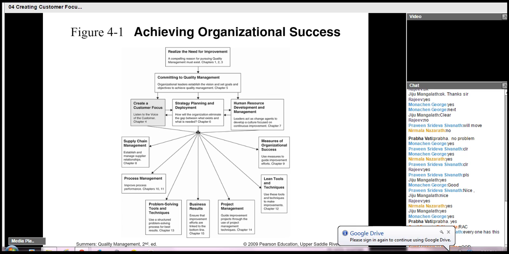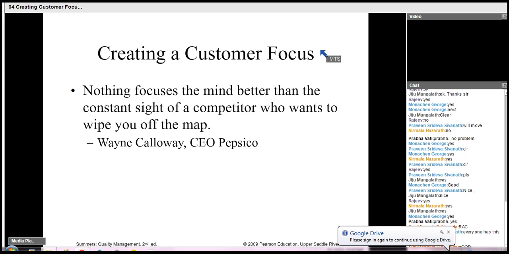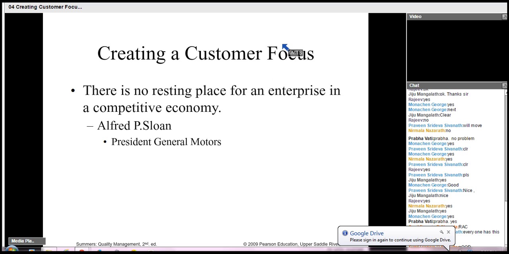Just moving ahead. The picture is very small. So creating a customer focus. Nothing focuses the mind better than the constant sight of a competitor who wants to wipe you off the map. Then there is no resting place for an enterprise in a competitive economy.